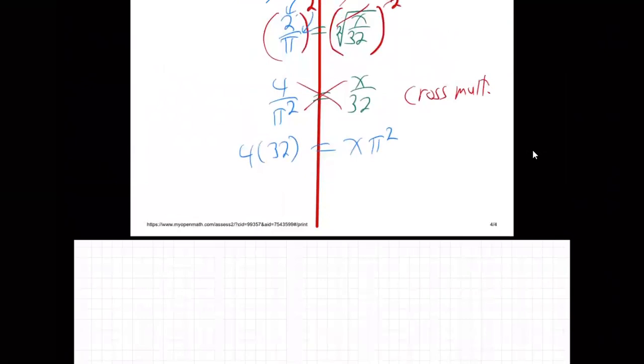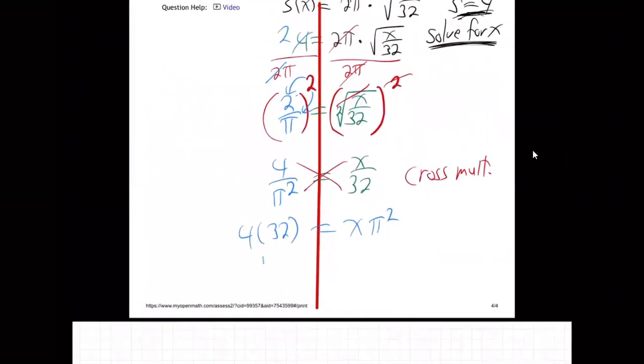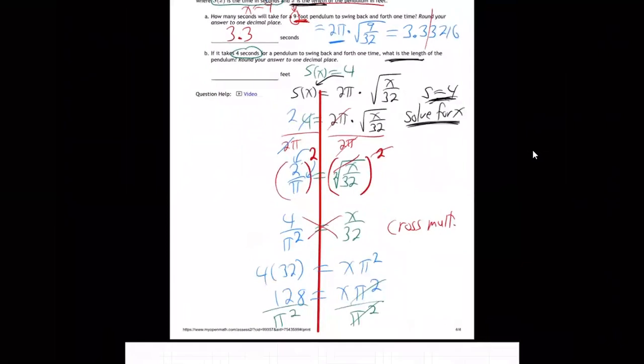Use your calculator. 128. The last step to solve for x is to divide by pi squared. Boom. X is alone. That's the answer.